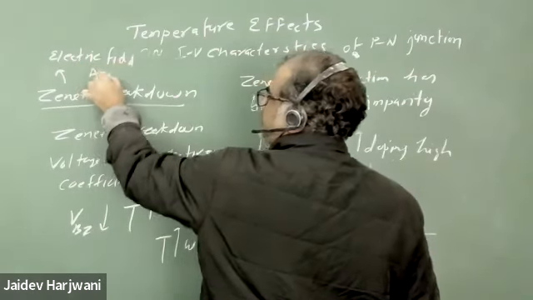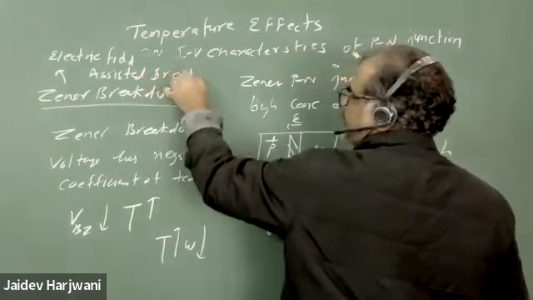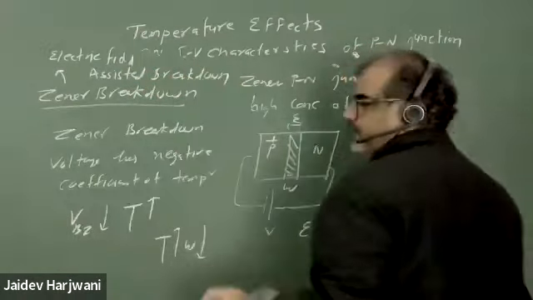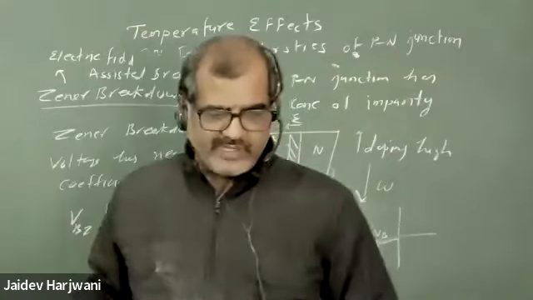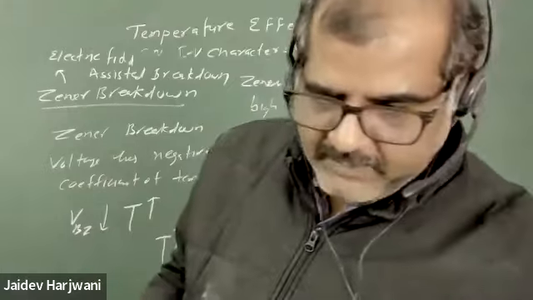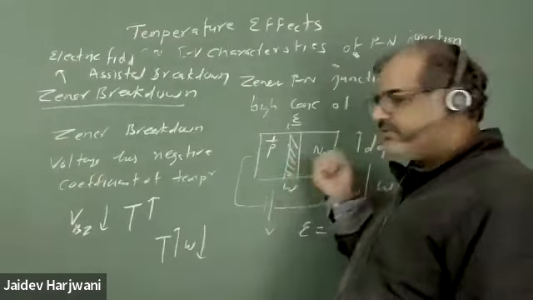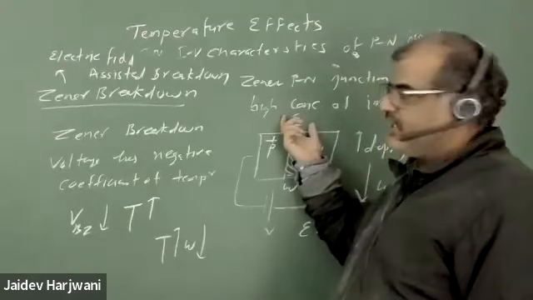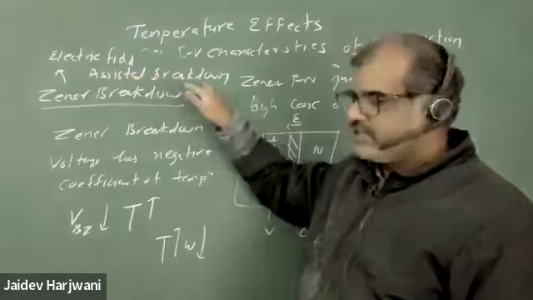Are you getting my point? Here your electrons are not gaining energy to break the bond. For that you need more breakdown voltage, more energy. But because the width is small, the field itself is sufficient to break the bond. This is electric field assisted breakdown.